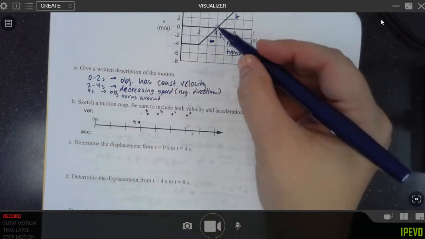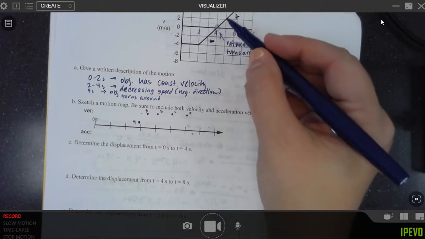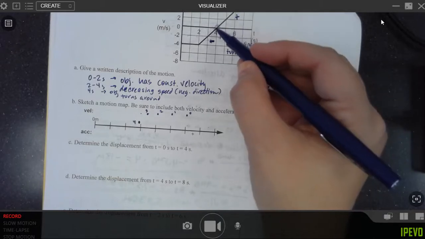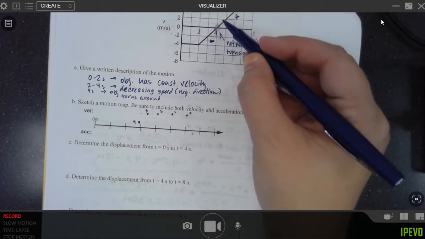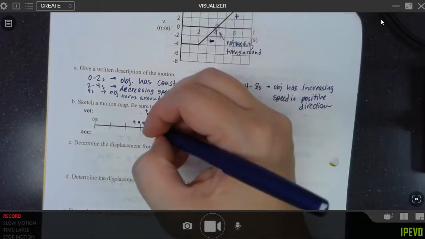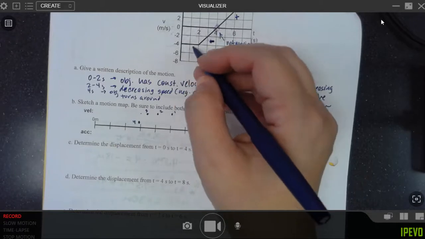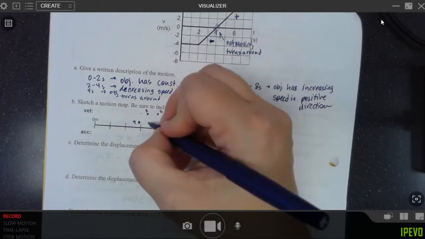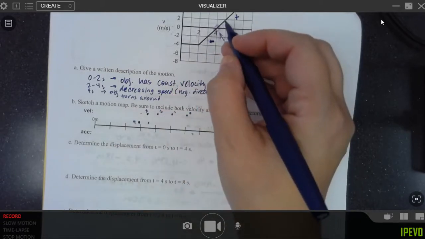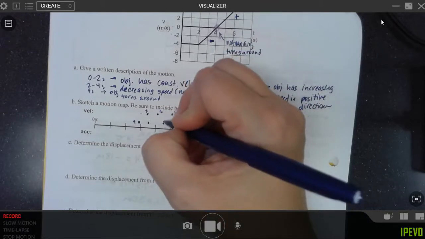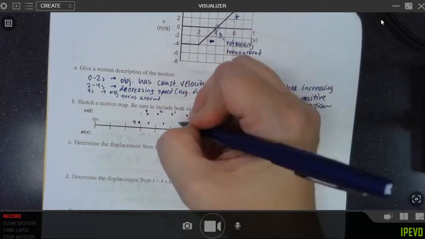And then after 4, I'm going to increase in velocity each second. So my next second, I travel 2 meters. It's actually going to be half that, right? So I'm going to go 2 meters. And then the next second, I travel 4 meters. And then the second after that, I travel 6 meters.